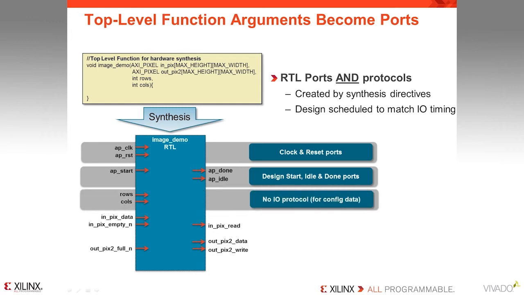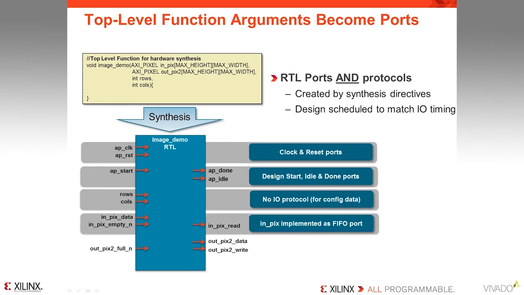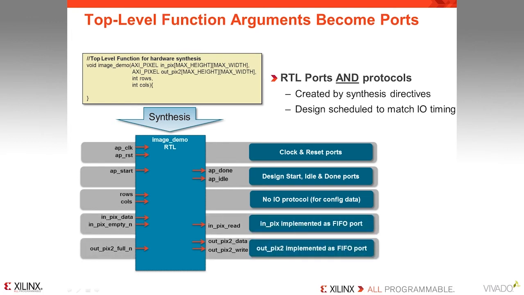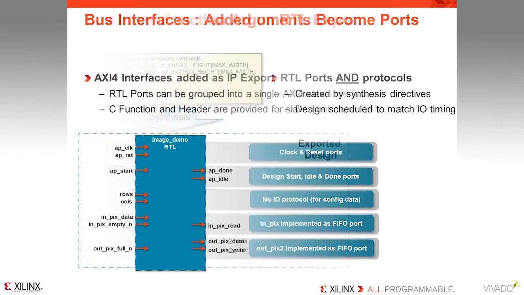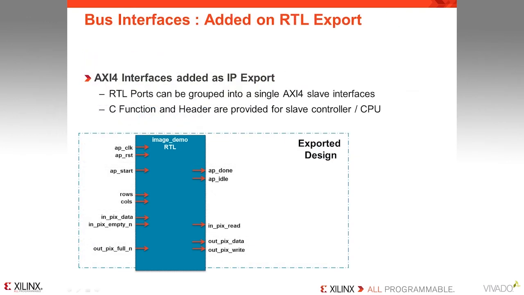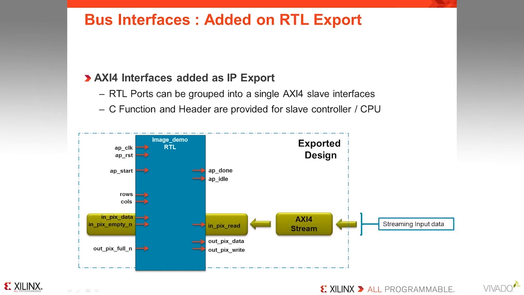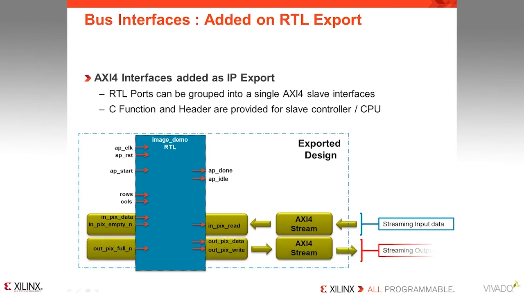The ports are then synthesized. In this case, we could decide that we're not going to have any I/O protocol on these ports. And then the other 2 ports, in and out picks, can be synthesized, for example, into a FIFO port and an output FIFO port. In addition to these ports, we can also add bus-level interfaces. So, for example, when we export the RTL, we could decide that this input FIFO port will in fact become an AXI stream port, and the output FIFO could become an output AXI stream port.